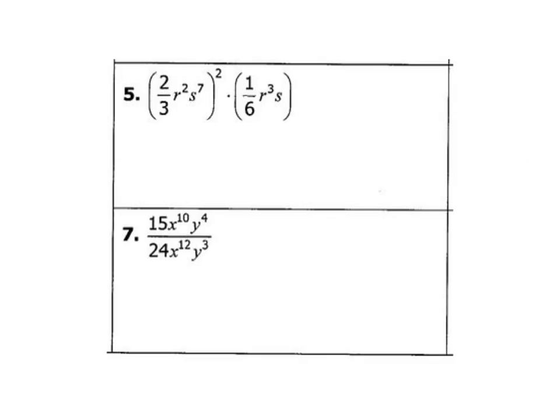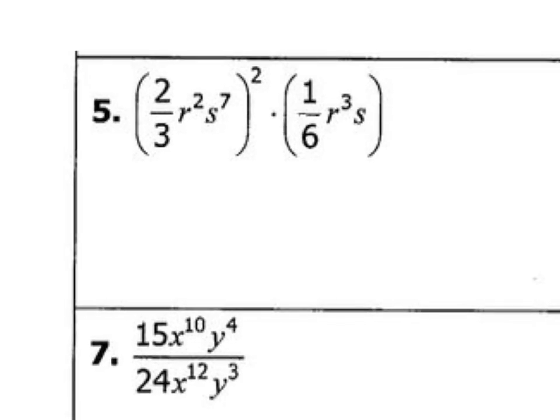All right, so numbers 5 and 7. First, let's do number 5. First thing we want to do is distribute the squared to every term inside the parentheses. So we would have 2/3 squared, r squared, and s to the 7th squared.